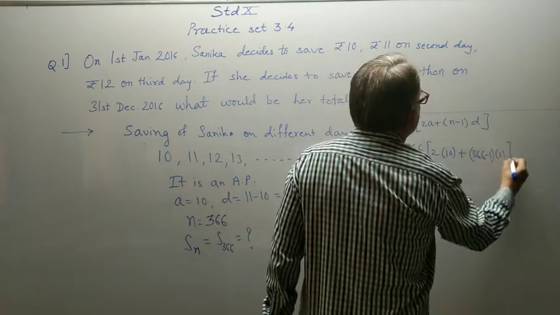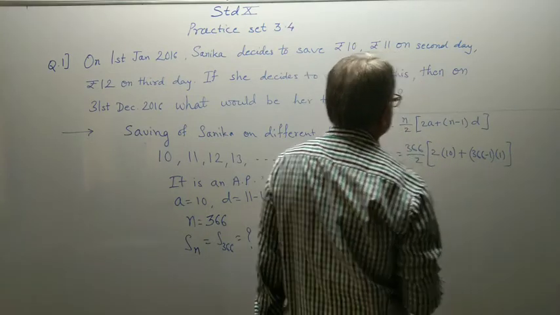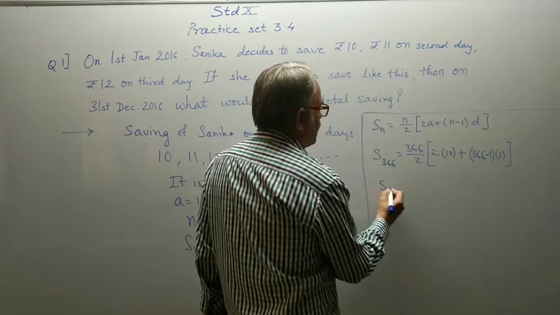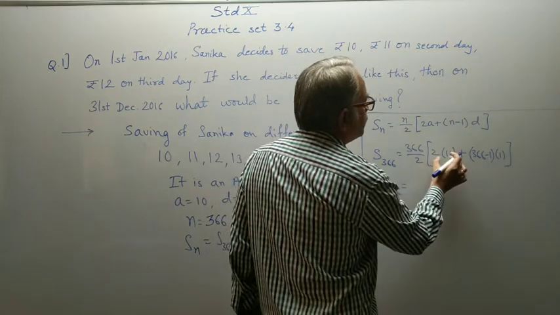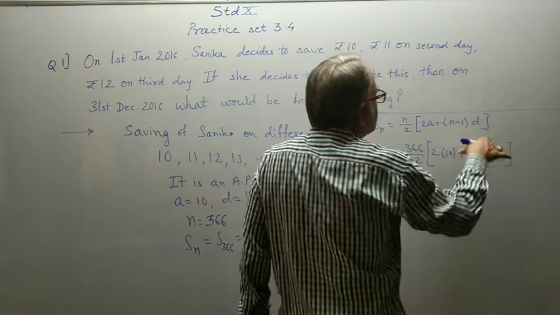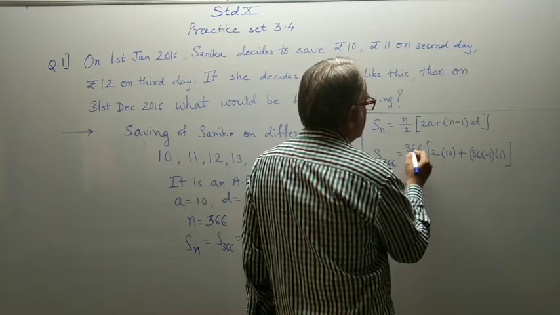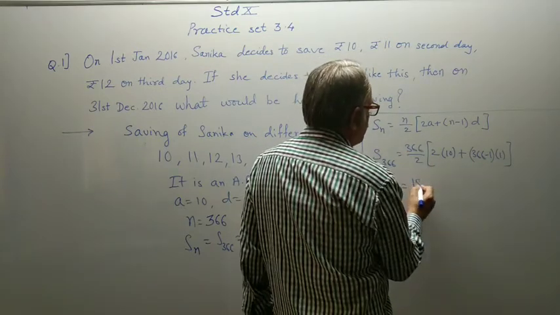Difference 10, 11, 12, 1 rupee difference. Then apply BODMAS rule. First do the product inside the bracket. This also you can simplify.